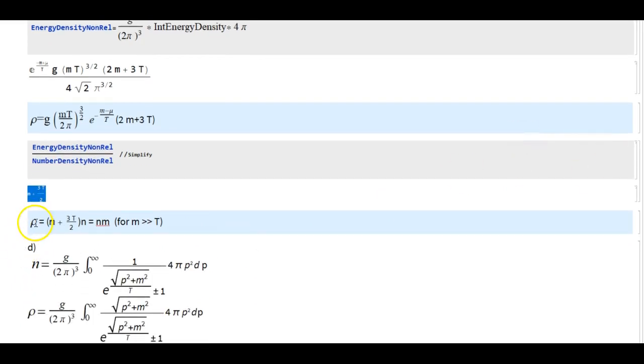So energy density non-relativistic is equal to m plus 3t by 2 times number density non-relativistic. And because mass is much greater than temperature in the non-relativistic regime, this is approximately equal to nm. M plus 3t by 2 is approximately equal to m, so the whole expression becomes nm.